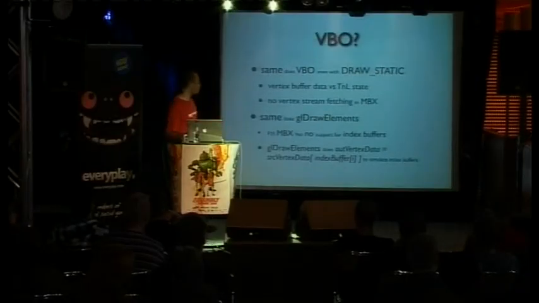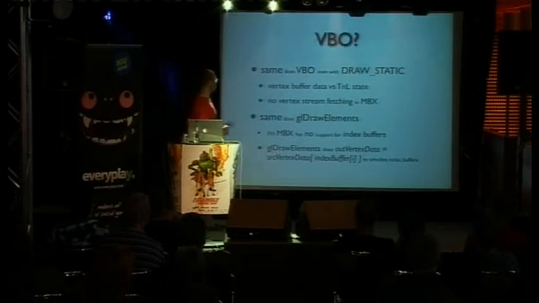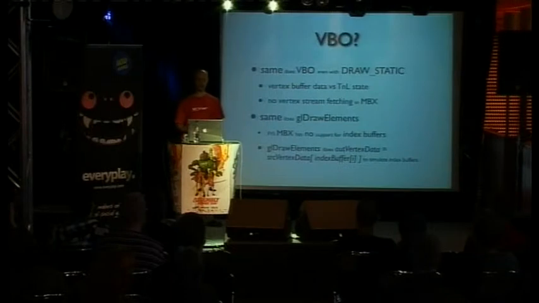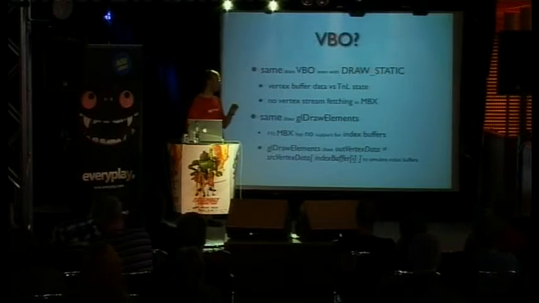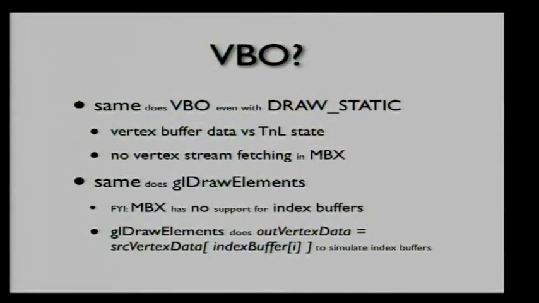OK, so you might ask, the VBO should be a solution. But if you've tried the VBO on the iPhone with the MBX hardware, you notice that, unlike with the SGX, where it does increase performance because the driver and the hardware are completely different, on MBX it doesn't make any difference.